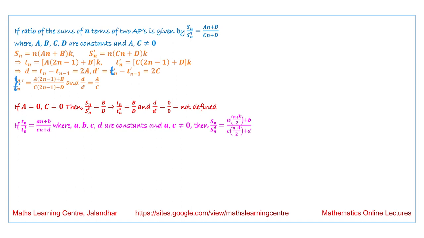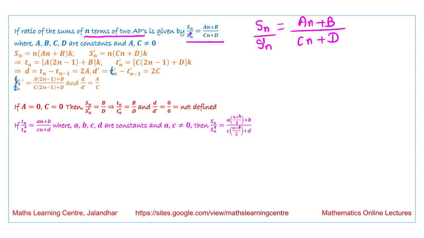Next is if the ratio of the sum of n terms of two APs is given. We are saying there are two different APs. The ratio of the sum of the first to the second, suppose we write it as Sn over S dash n, is equal to (an plus b) divided by (cn plus d).